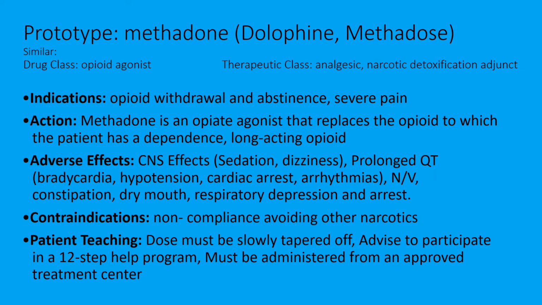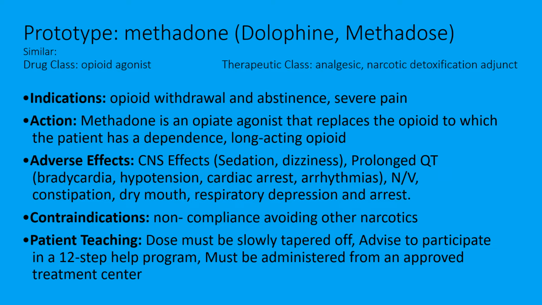Okay, so let's look at methadone. And methadone is really just an opioid, right? It's an opioid agonist, meaning it stimulates the opioid receptors just like morphine or codeine or any of the other opioids that we use.